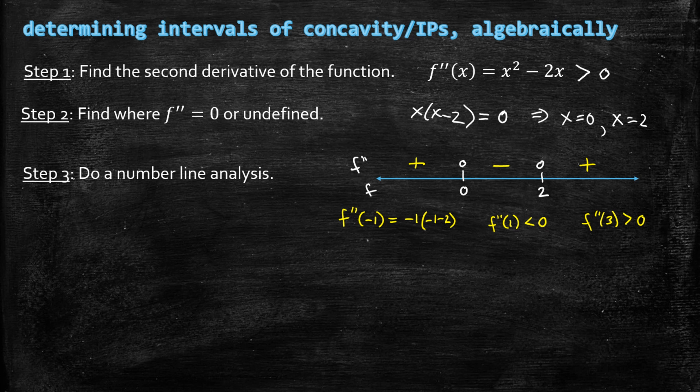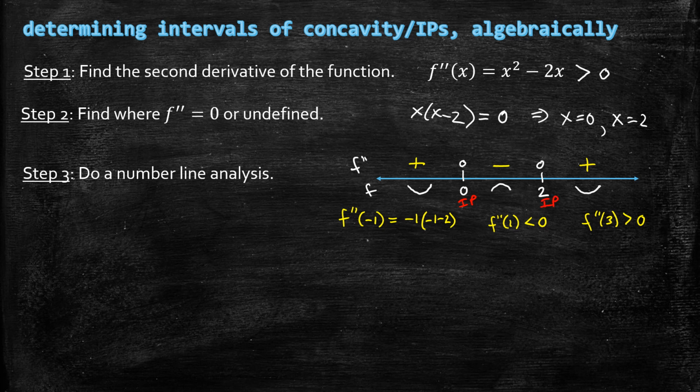Well, if f double prime is positive from -infinity to 0, the function is concave up, and then negative, concave down, and then up again, concave up. And since concavity changes at 0 and at 2, they're both inflection points. So we just might make a note of that. That's an inflection point, and so is that.